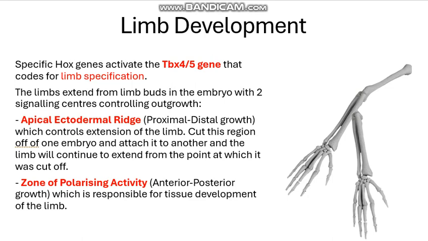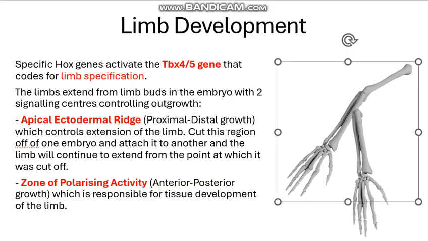Then we cut that apical ectodermal ridge off that embryo, and we stuck it onto this spot of the other embryo. The original apical ridge from this embryo is still going to continue to grow, so you're going to get the regular humerus, tibia, fibula, and then the digits of the hand growing.